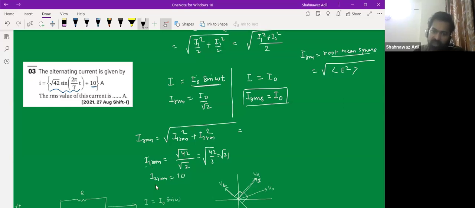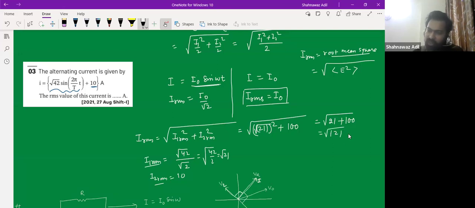So we have this RMS, so this would be how much? Root of root 21 squared, and then we have this 10 squared. So how much is this thing? So this is 21 plus 100. So this is 121.